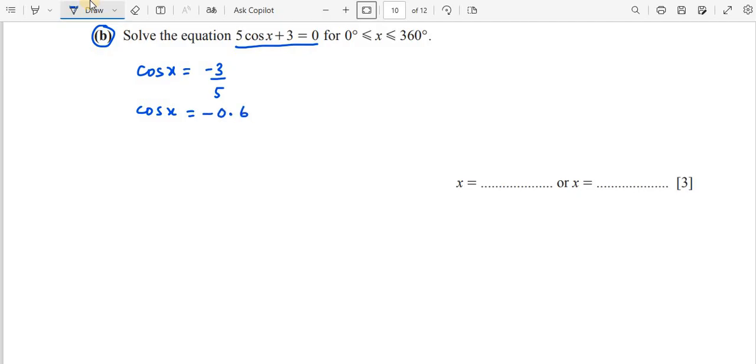So we ignore the minus. So cos x is equal to 0.6. So shifting cos to this side, x is equal to cos inverse 0.6. Okay, so take cos inverse. So the value of x is equal to 53.13.